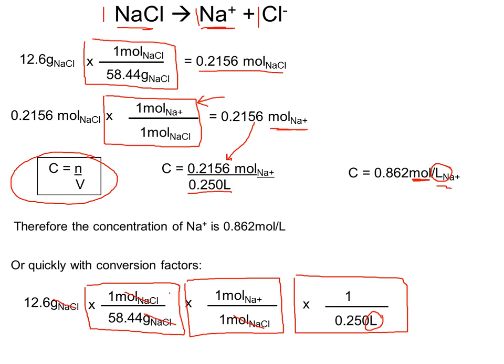I'm just keeping it in the same format by writing it as multiplied by 1 over 0.250. Moles will carry through to the end because nothing canceled it out. Liters will carry through to the end because nothing canceled it out. And I will have my answer in moles per liter. So I'm using the volume itself in the given situation as a conversion factor just to get liters as a denominator on the bottom.